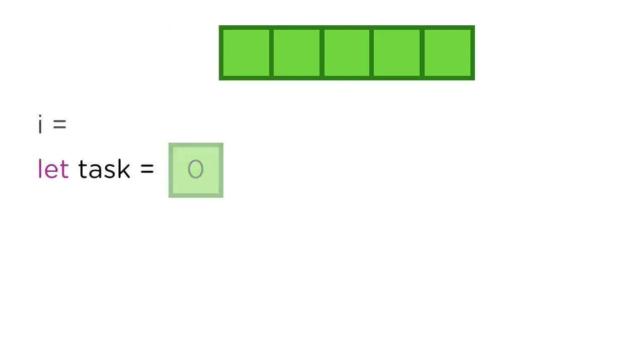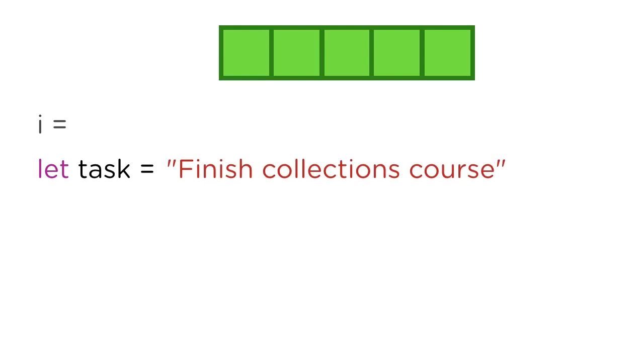Then we create a variable called I, which is short for index, and we set it to 0. Using this index value of 0, we retrieve the first element in the array and assign it to a constant. In our case, the constant is named task. Then, inside the body of the loop, we do whatever we want with that constant task which contains the item. And in our case, we simply print it.